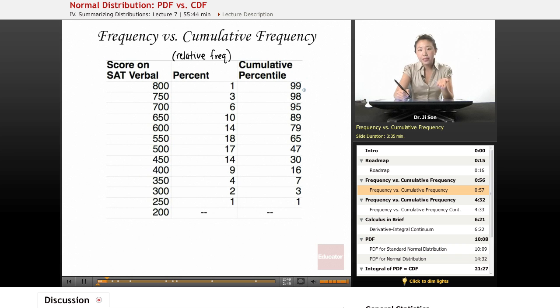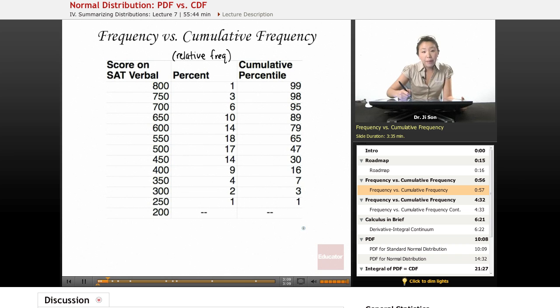Now, cumulative percentile is really helpful if you want to know your ranking in a performance. For instance, you want to know what percentile of the population you're in. You don't just want to know that 1% of everybody who's around you has also achieved that score. You want to know how many people you have outperformed.